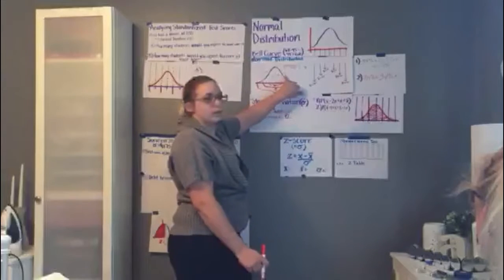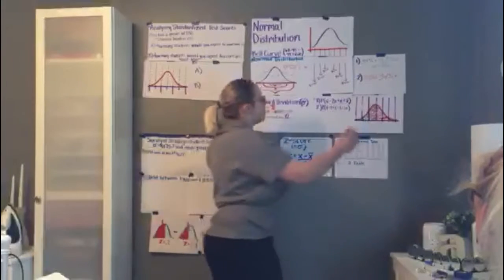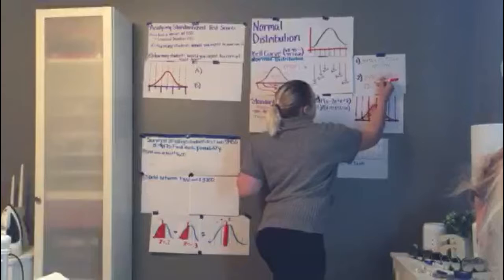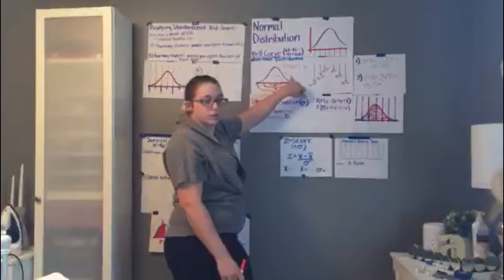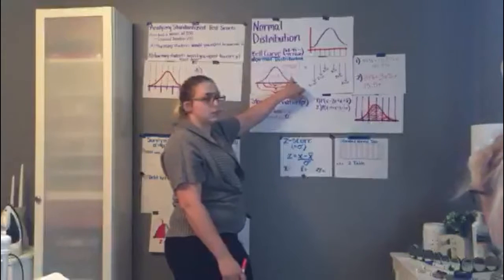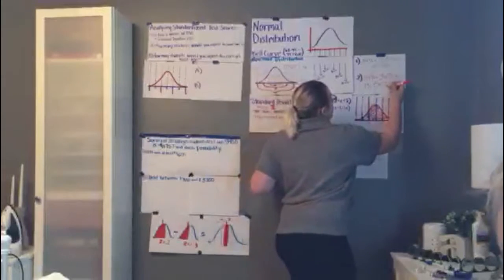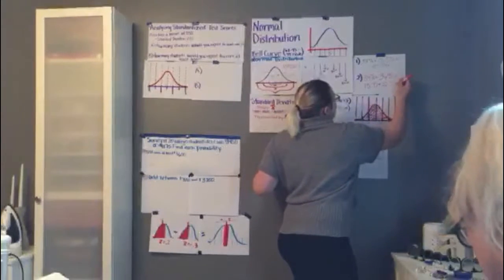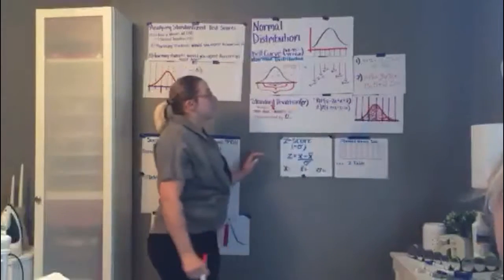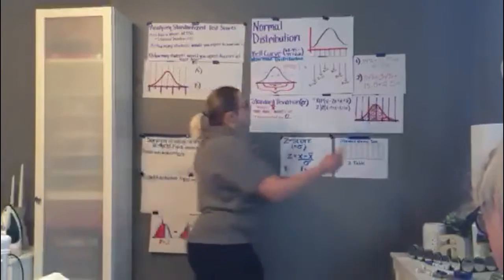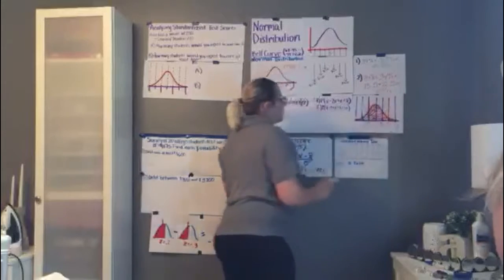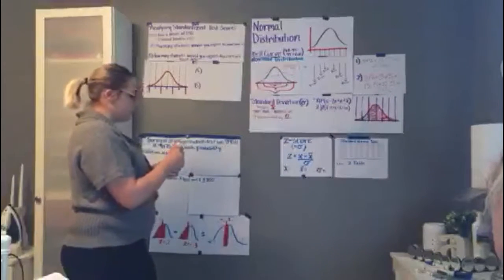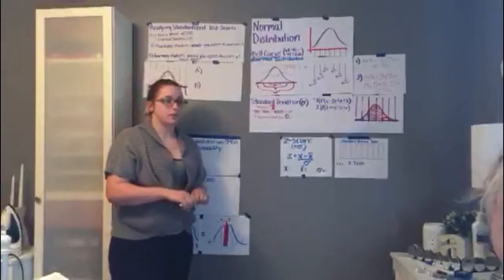Plus 2 above, 13.5. Plus 3 above, 3 above is 2.5. And when you add these up, what do you get? 84%.